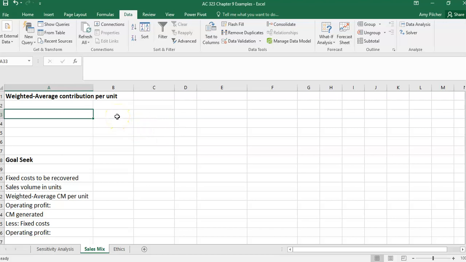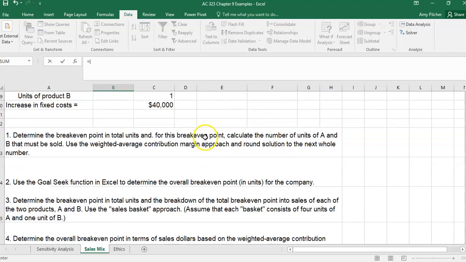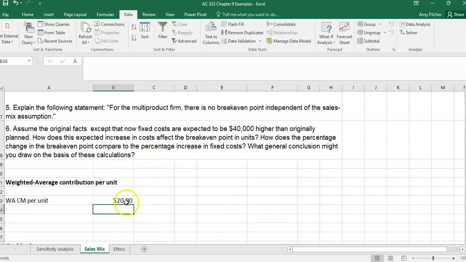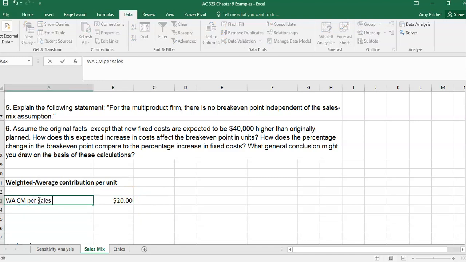So we're going to take the contribution margin of product A times the percent of the sales mix of product A plus the contribution margin of product B times the percent of the sales mix of product B. That gives us a weighted average contribution margin of $20. We call that a sales bundle or sales mix.